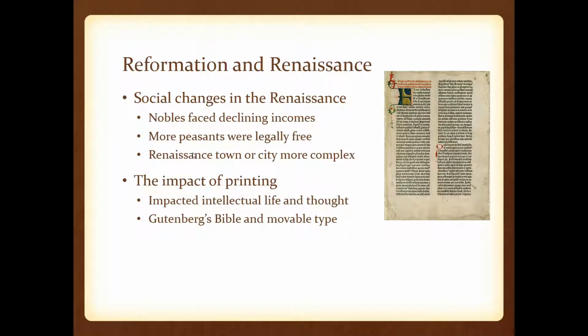Well, with the Gutenberg press, the Bibles become a lot more readily available, and they begin to be translated into the vernacular languages, so into Spanish, English, French, and German. So you're starting to see Bibles being given out to the people, and the people can actually read the Bible for themselves, and the power of the priest begins to weaken because of that.